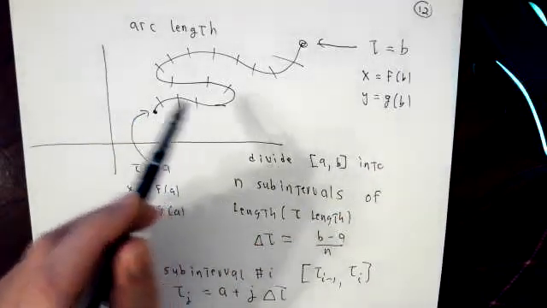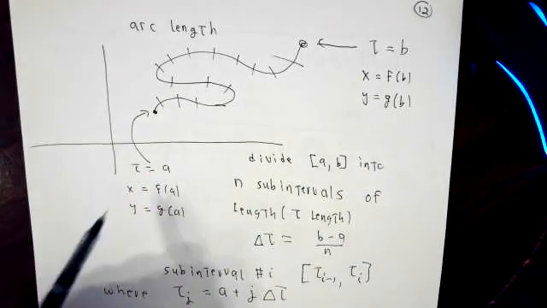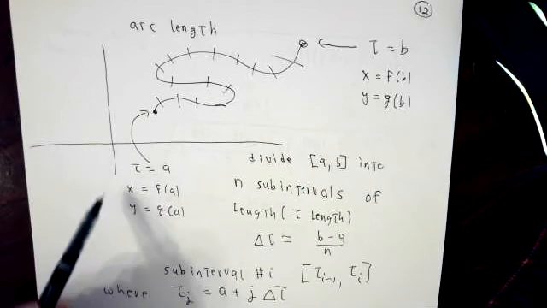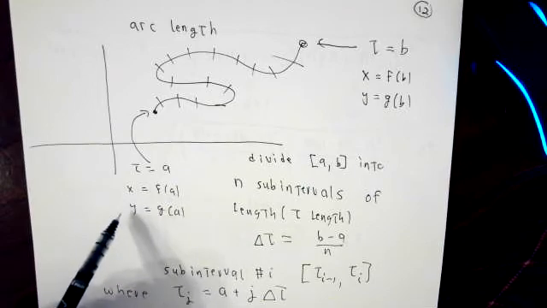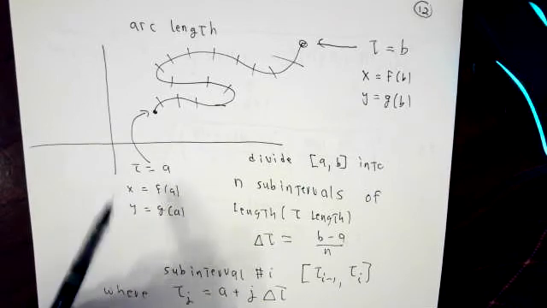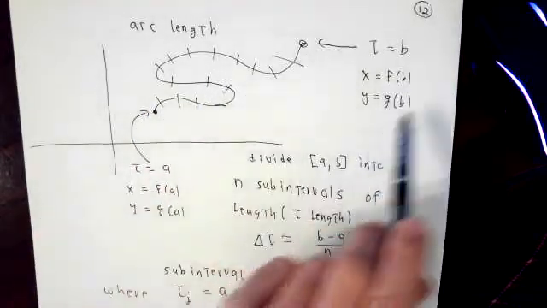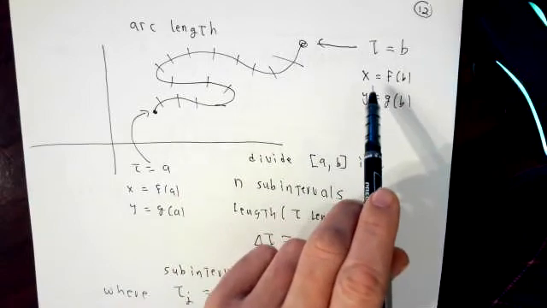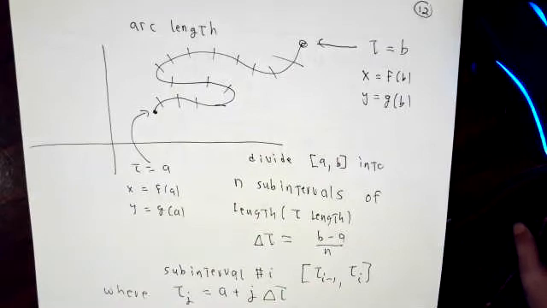Every one of these points has a t value to go with it. And knowing the t value, for instance, t equal a, lets me calculate x as being f of a and y as being g of a. The same sort of thing is true all the way along the curve until I get to the end. The x-coordinate of the end point is f of b. The y-coordinate is g of b.